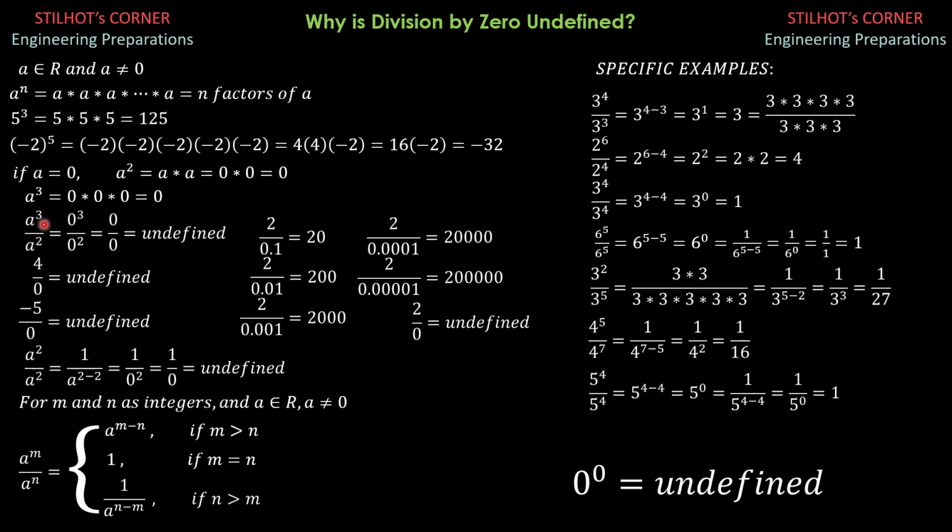If we make this a squared over a squared, but because a is 0, that reduces to 0 squared over 0 squared, or 0 over 0, or 0 to the 2 minus 2, or 0 to the 0, and 0 to the 0 is undefined because that is the same as dividing the value by 0. Even if the numerator is 0, it is still undefined.